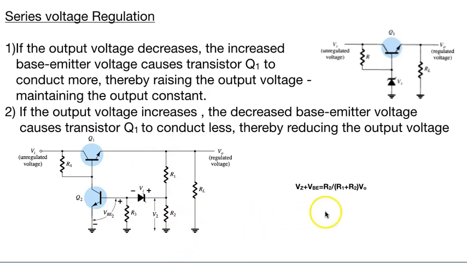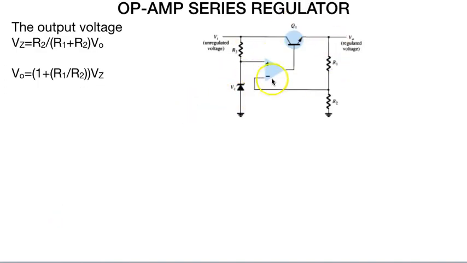So Vz plus VBE is equal to V0 R2 upon R1 plus R2. For this we have our controlling element, our comparator, our sampling, our reference. So we have all the four parameters, and our output V0 is 1 plus R1 by R2 into Vz.